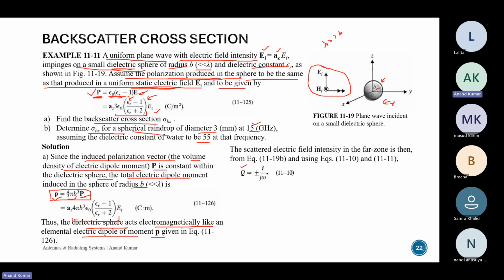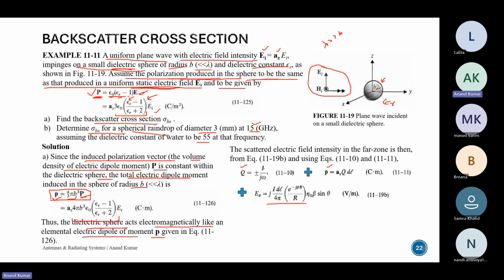Now we have this expression for small electric dipoles, that Q is equal to I upon j omega. Again, we know that the dipole moment can also be written as Q into dl, and the electric field for small electric dipoles is given by this expression.